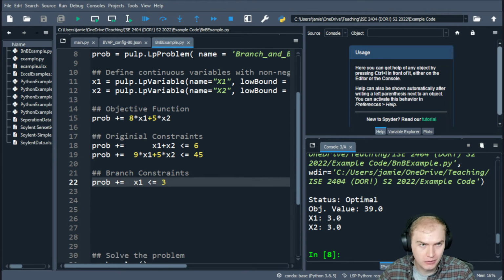Well, we found a lower bound of 40 somewhere, so subproblem 6 is not it because z of 39 is less than our lower bound of 40. And similarly, subproblem 4 had a z of 37, so that's not it. So it must have been subproblem 5. It has a z of 40. And so that's the best integer solution that we found.